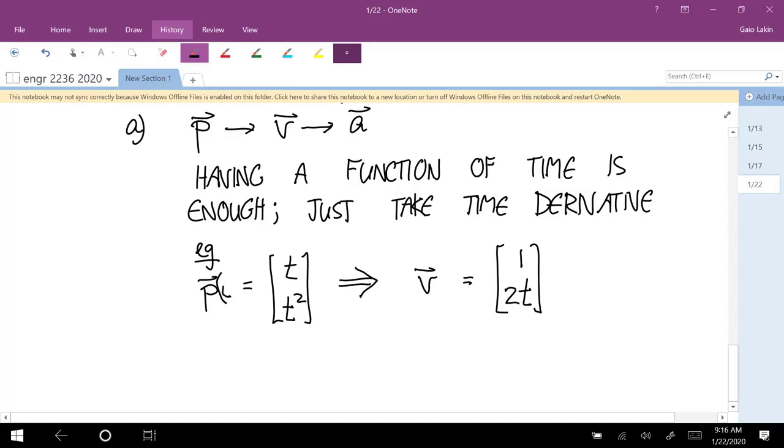And that's clear that that position is a function of time, that velocity is a function of time. If you want to know the velocity at a specific instant, just plug in the time that you care about, and it'll give you the vector. And then the acceleration as a function of time is 0 for x, 2 for y.